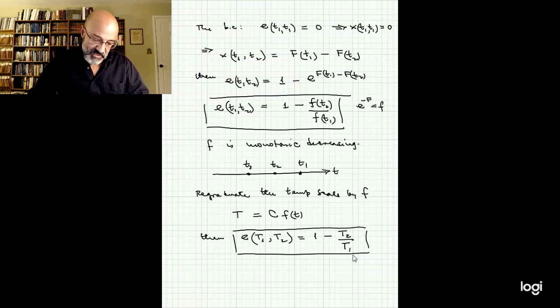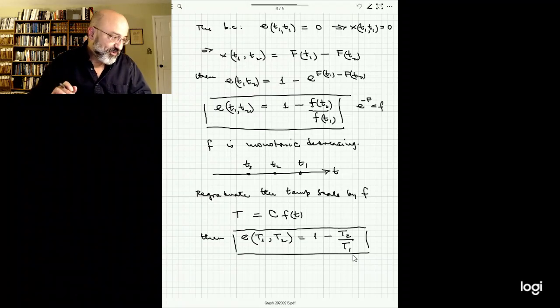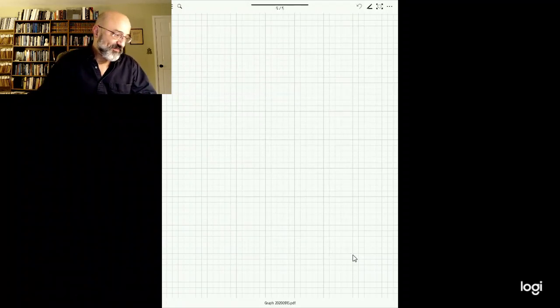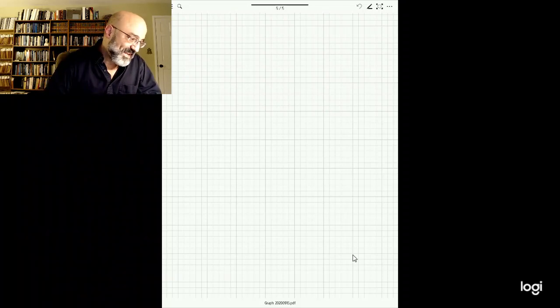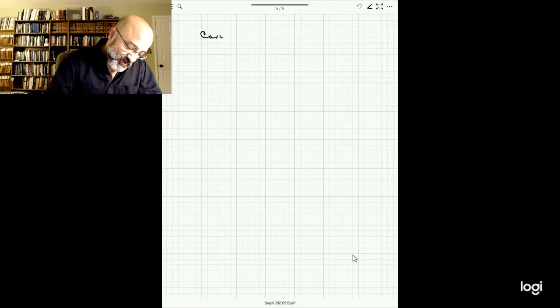Very good. Let me see, how are we doing here? I want to point out one more thing. One last thing. Carnot's principle, let's just write it out one more time.